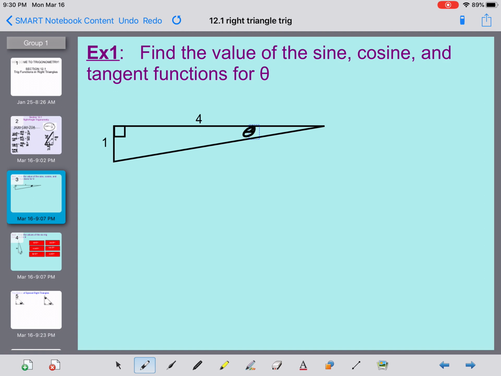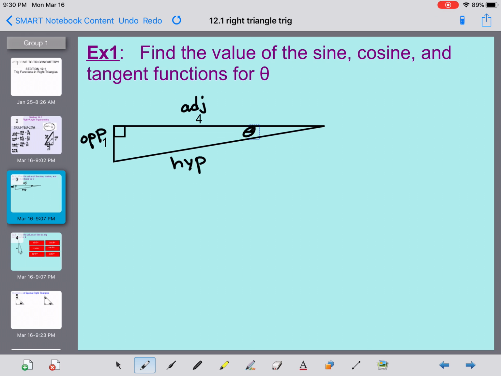All right, so here's our theta right here. What the directions say to do, find the value of sine, cosine, and tangent functions for theta. So you can pause the video, give this a try, and then come back, unpause, and check your answers. So for this one, you would say that this is the opposite side. This is the adjacent side. Here's your hypotenuse.